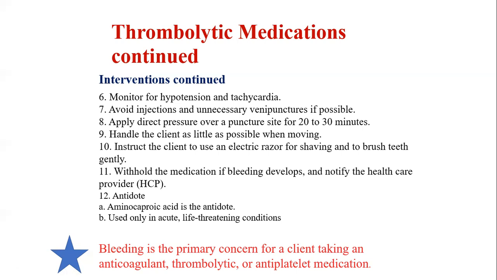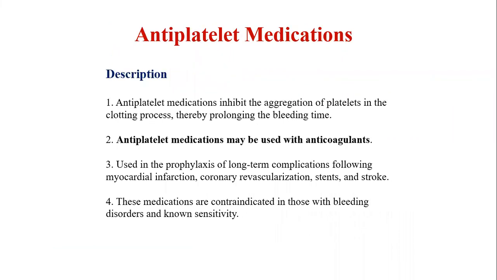And if nothing else works, we go for thrombolytic medication, particularly in acute, life-threatening conditions. And bleeding is the primary concern for a client who takes an anticoagulant, thrombolytic, or antiplatelet medication.